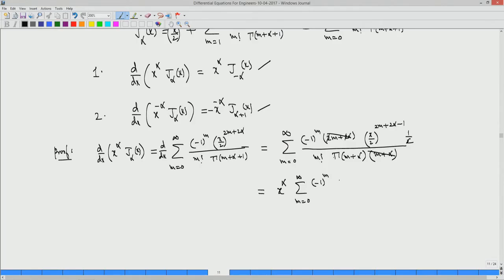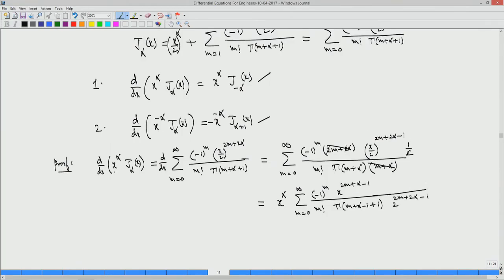So, you have x power 2m plus alpha minus 1 divided by 2 power m factorial gamma of m plus alpha minus 1 plus 1, and what is left is 2 power 2m plus 2 alpha minus 1.